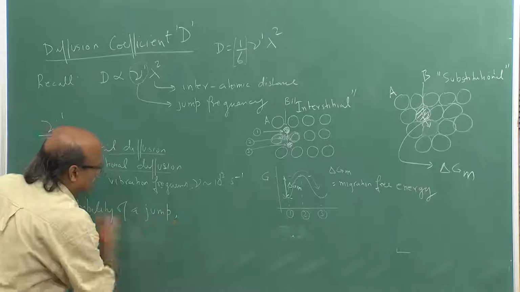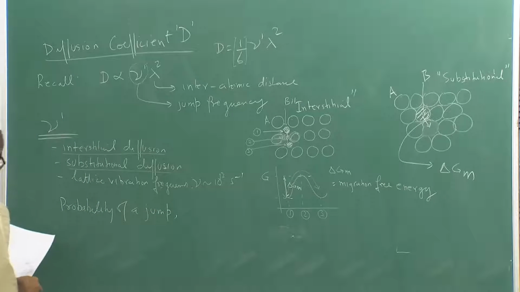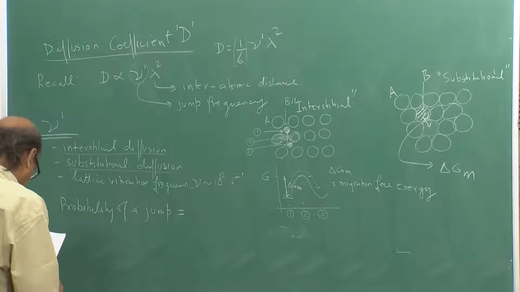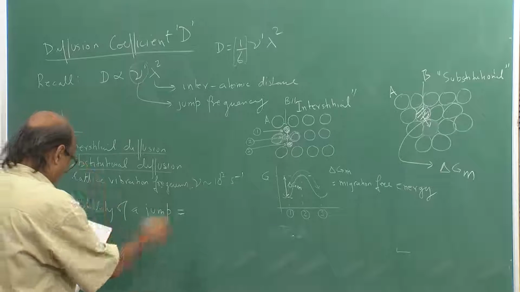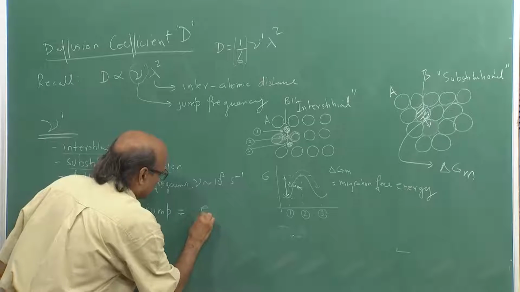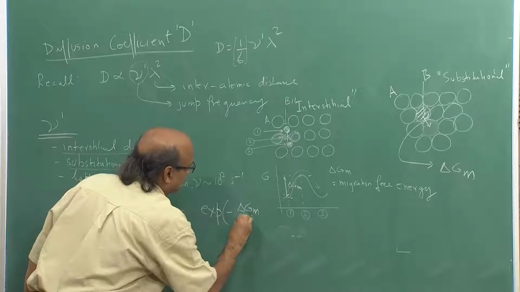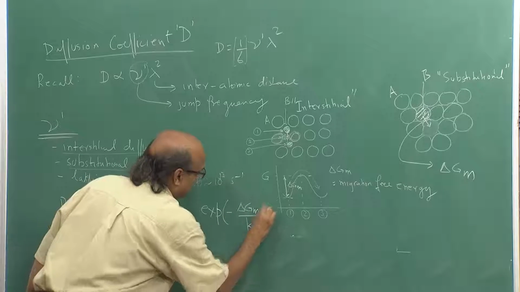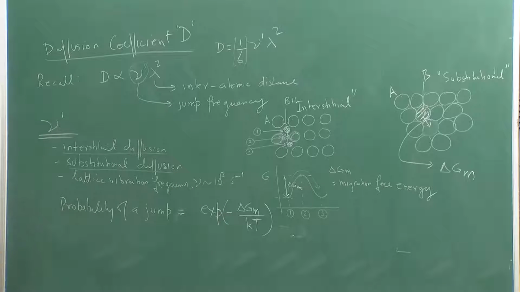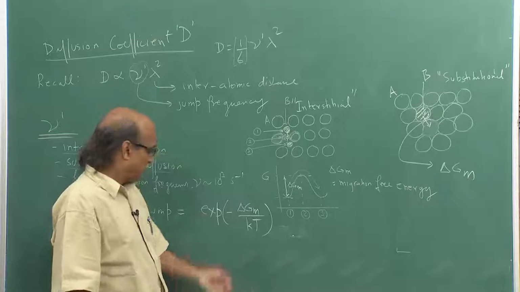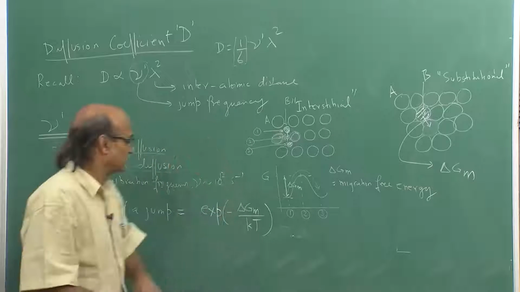Probability of a jump would be equal to exponential minus delta Gm divided by kT, just like we had seen in the case of nucleation also, or jump of atoms across the interface.